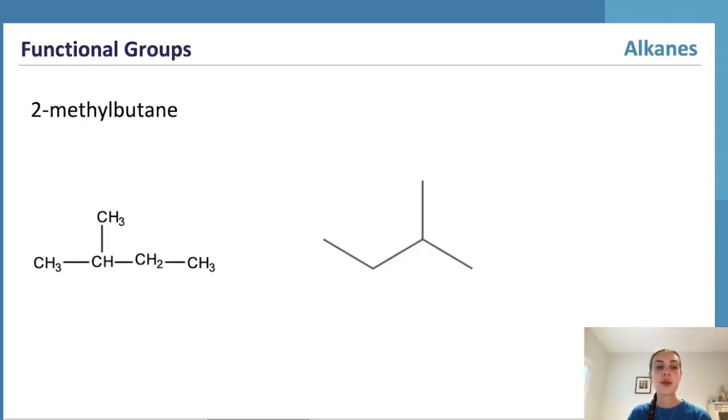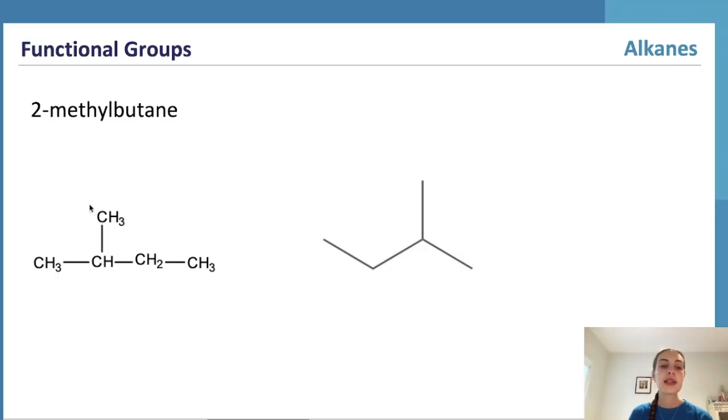Our next example which we can look at is 2-methylbutane. So 2-methylbutane is a molecule where we've got 4 carbons along the carbon backbone, and then on the second carbon in, we've got what's known as a methyl group, so that being a group of methane basically, but it's a separate branch off the original molecule.